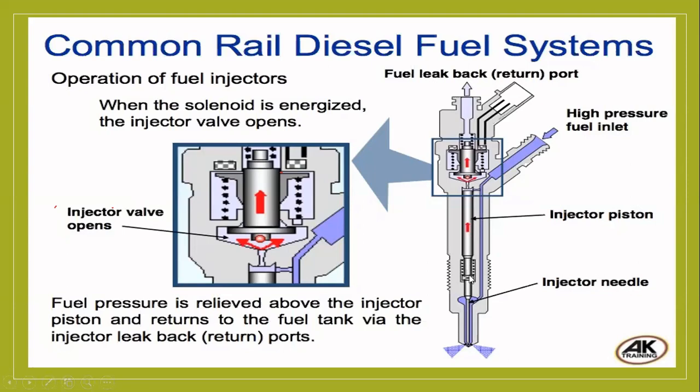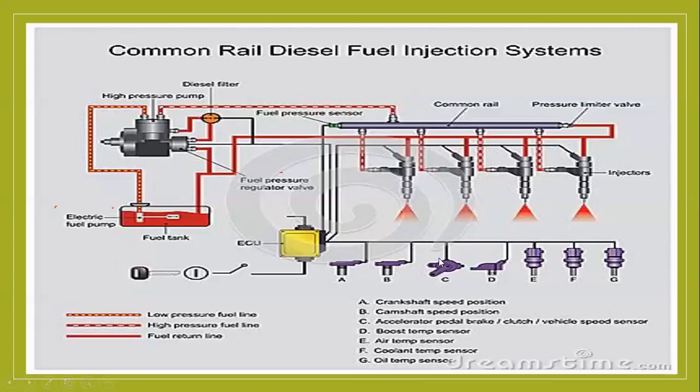When the spring pressure is overcome, the needle comes up, then the spray takes place. You see this spray. There are many types of nozzles. This has two sides. They will atomize the fuel into very small particles and spray it. This is the fuel line of the diesel fuel injection system.